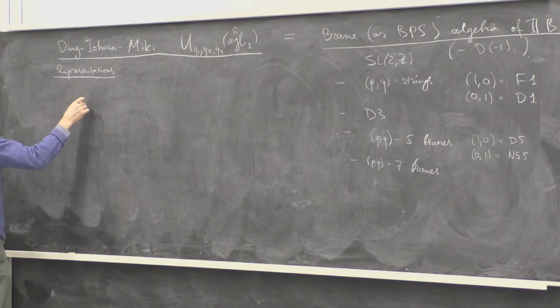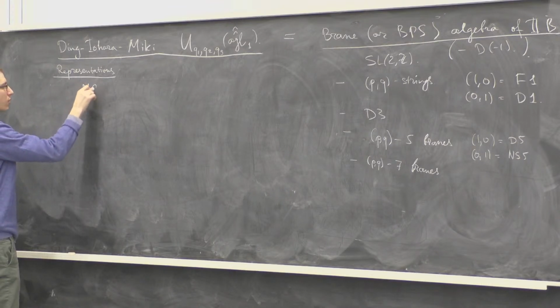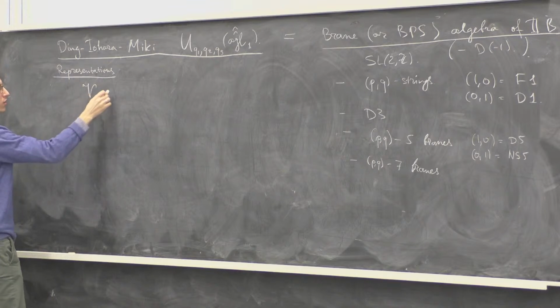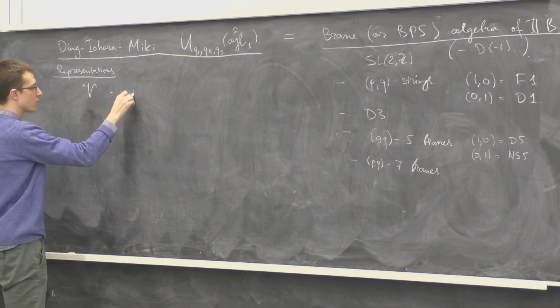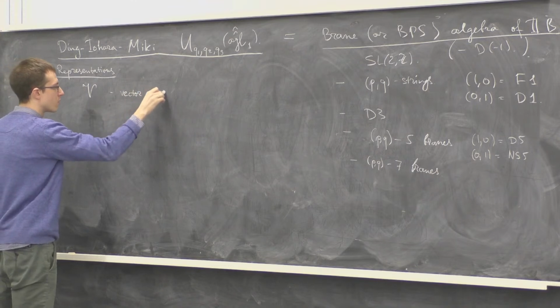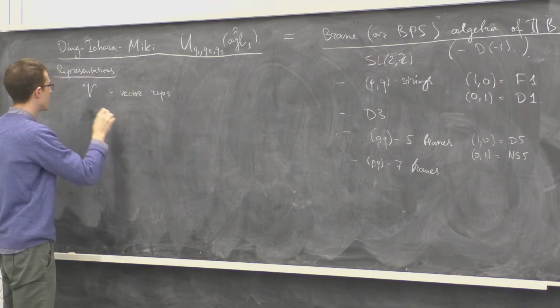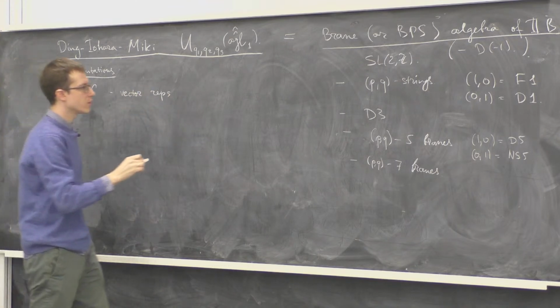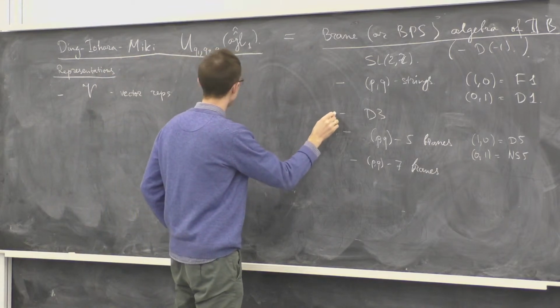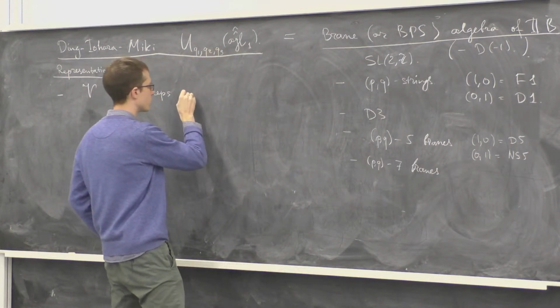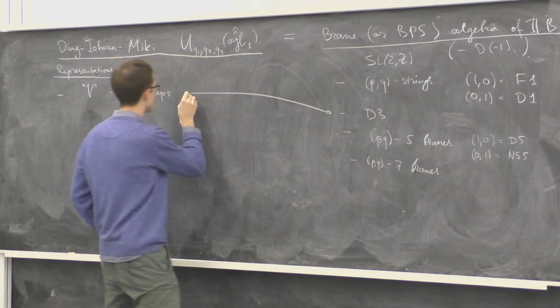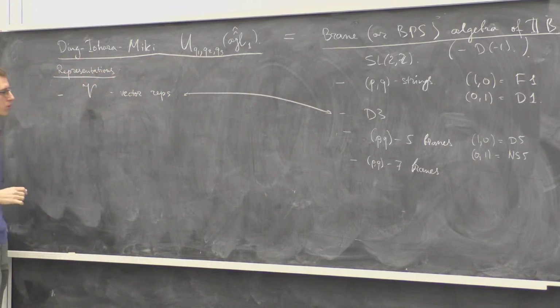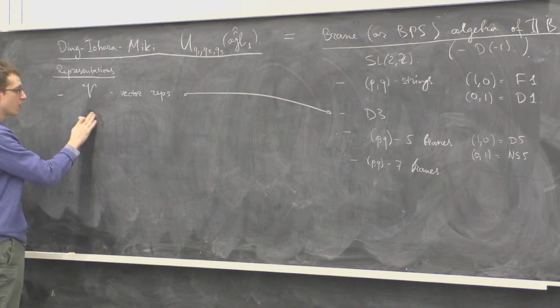So the representations are of several types. There are so-called V, the vector representations. And these are going to correspond to this difference. What are these? How do they look? There are representations on functions.